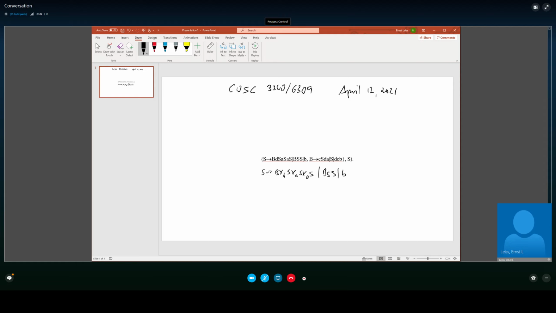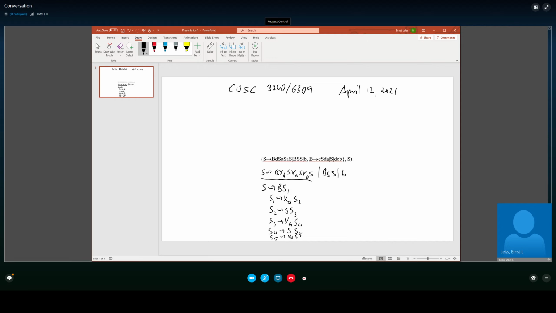So that S gives you S goes to BS1, and S1 goes to XAS2, and then S2 goes to SS3, and then S3 goes to XAS4, and S4 goes to SS5, and S5 then goes to XAS.